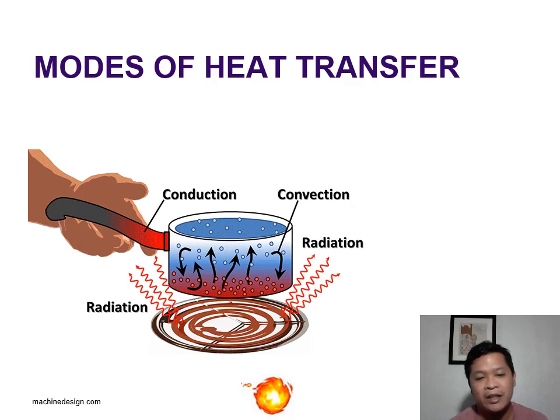Another time naman ay it may occur in series, so pwedeng conduction muna dun sa surface ng across the pan, and then dun sa surface ng pan it thus becomes primarily convection. So you can try to, the next time you cook something, think about what mode of heat transfer is being utilized, or if you maybe watch videos of food processing methods, ano yung mode of heat transfer.